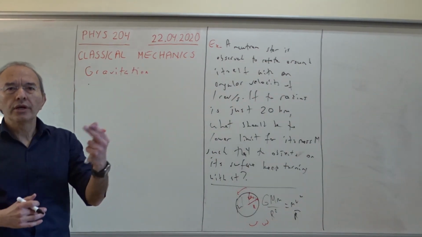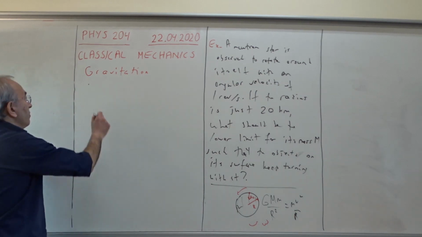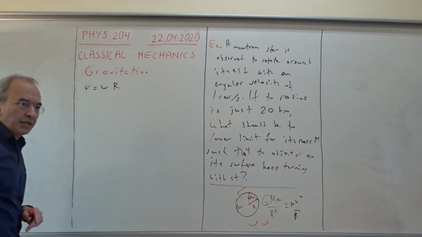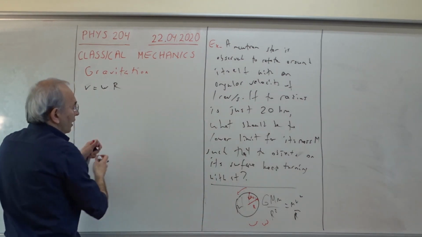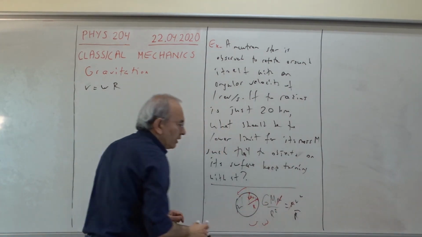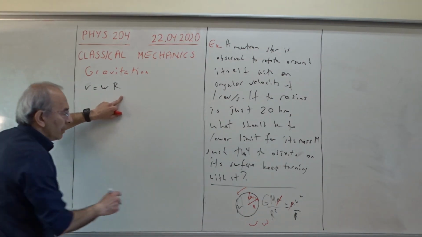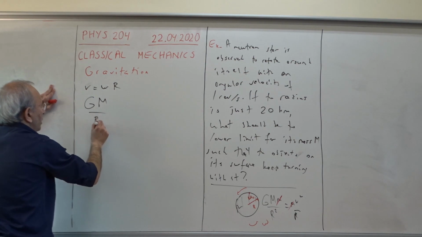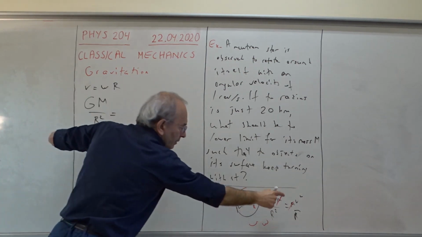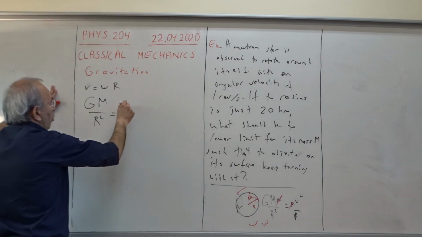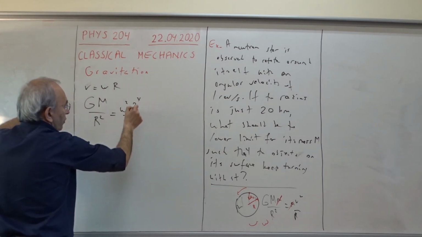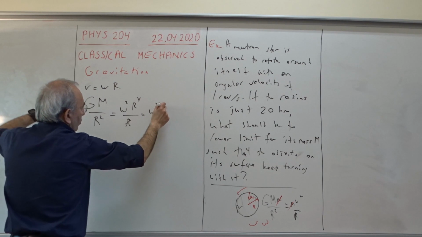We know that the linear speed v is angular speed times radius. After we cancel the mass of the little object, we have G M divided by r squared equaling v squared over r, which is omega squared r squared over r, equal to omega squared r.